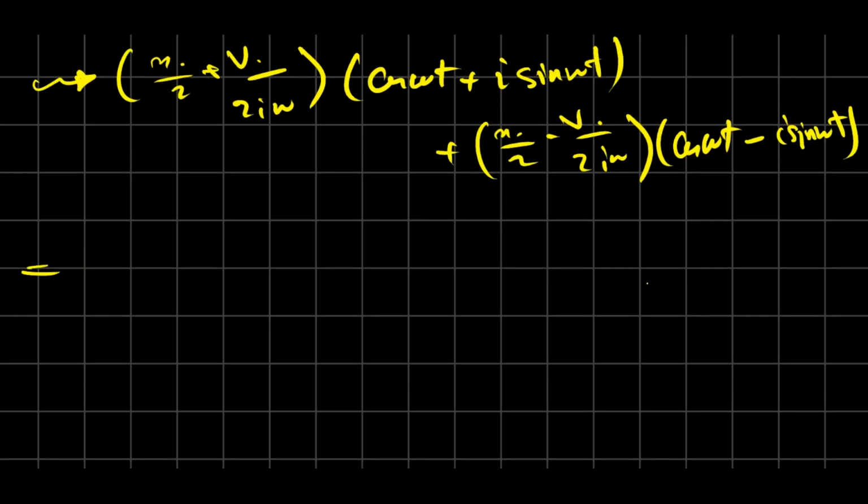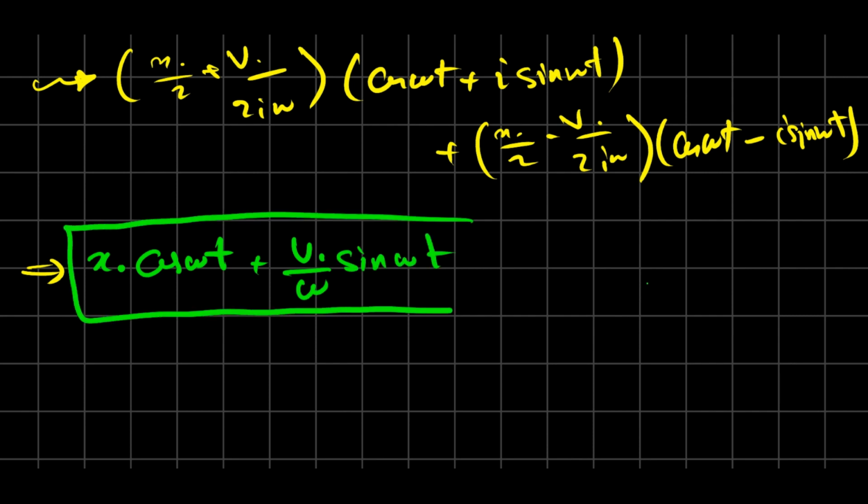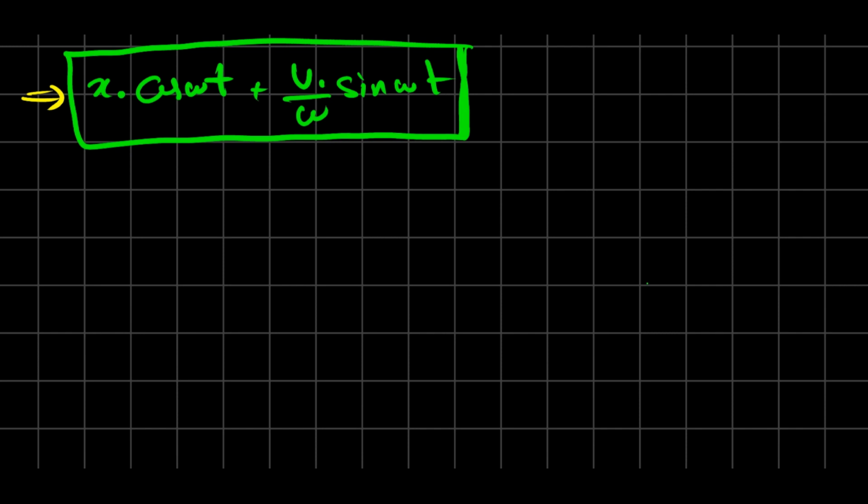But if you look more carefully, we get x naught cosine of omega t plus v naught over omega sine of omega t, where everything is real. They are real numbers describing a real physical phenomenon, and the imaginary parts cancel. So this is the equation that describes simple harmonic motion.